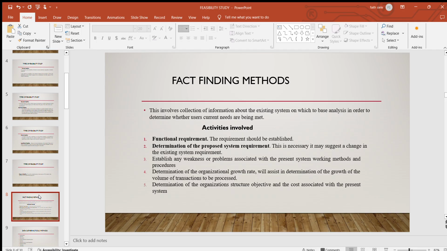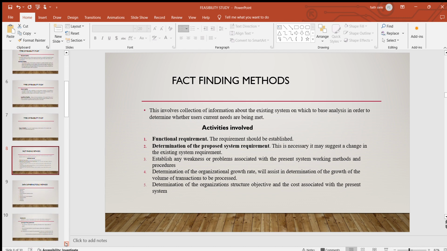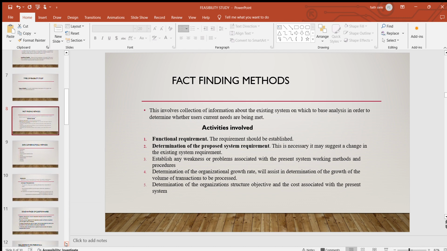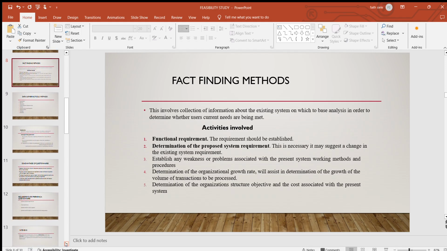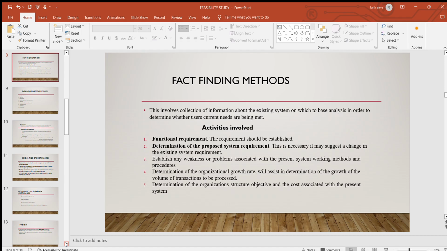This one will assist in determination of the growth of the volume of transactions which are to be processed. And lastly, there is determination of the organization structure, objective, and even the cost which are associated with the present system. So that is all about the activities which are involved in data gathering or collecting of information about the existing system.